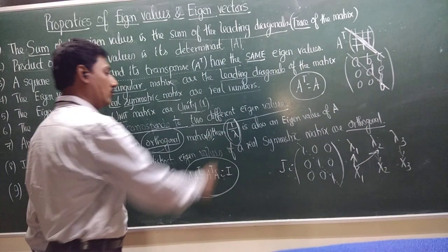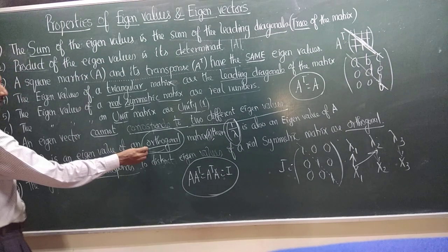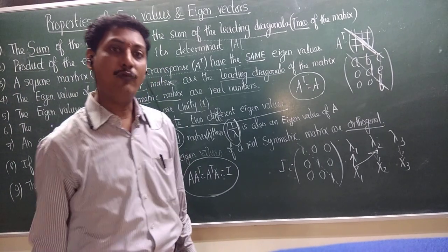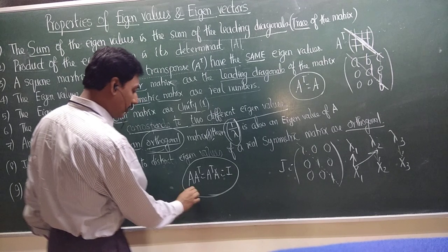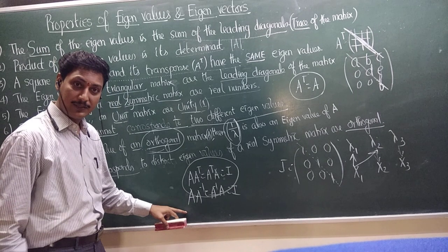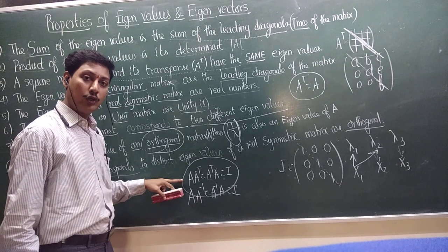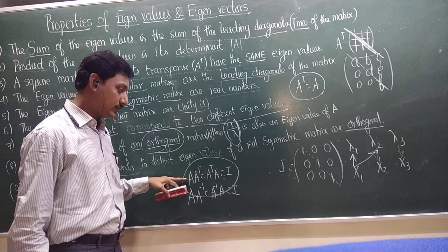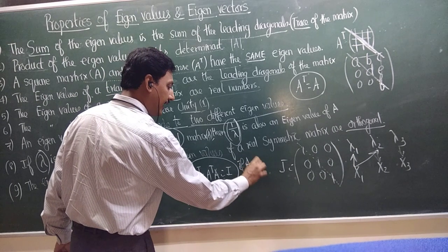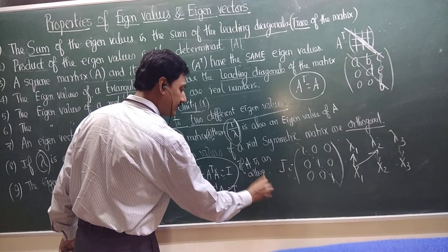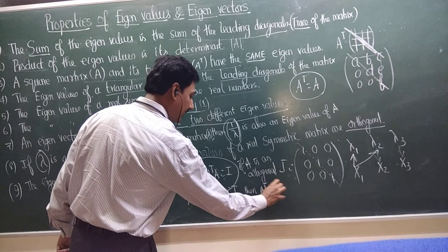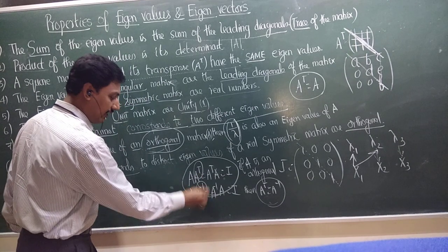1 by lambda is also an eigenvalue of the orthogonal matrix. So if lambda is an eigenvalue, its inverse is also an eigenvalue. Why? Because we already know that A inverse A is equal to I. But by the definition of an orthogonal matrix, A transpose A equals I. Now by combining these two, if A is an orthogonal matrix, then the A transpose and the A inverse are the same.